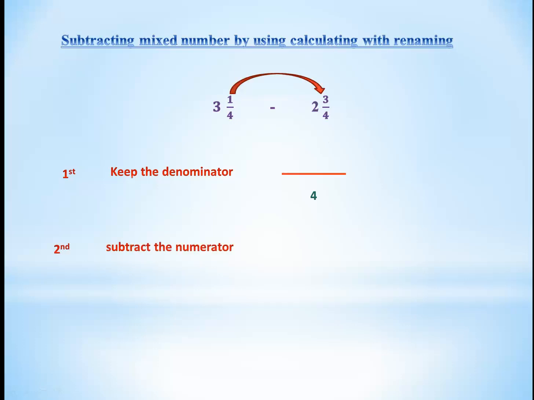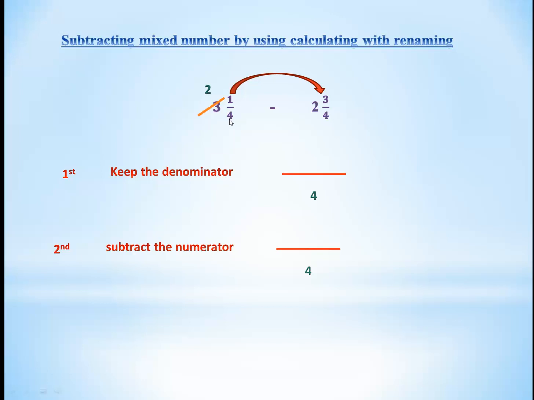Can we say 1 minus 3? No, it doesn't go. In subtraction, we will take 1 from 3. Okay, if I take 1 from 3, it will be, yes, 2.